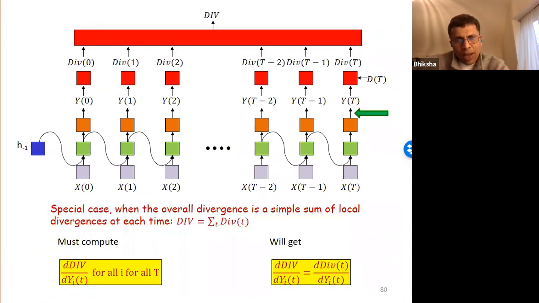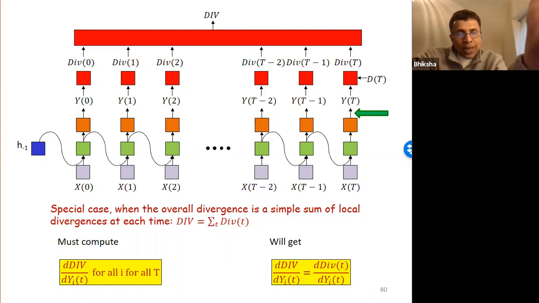And so now there's a special case for the divergence, where the divergence between the output of the network and the desired output can be decomposed into divergences at individual times. This is not the generic case, but in some very special cases, we can assume that there is a desired output at each time and there's an actual output at each time.